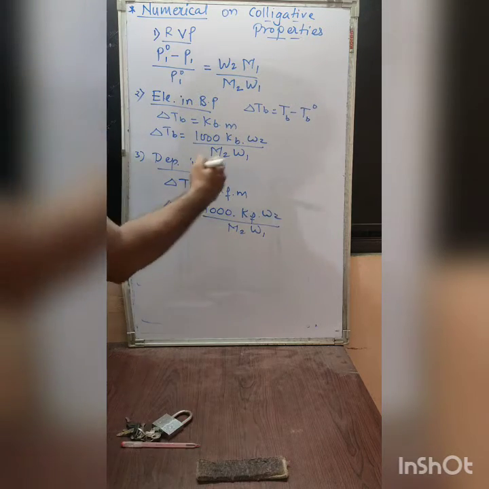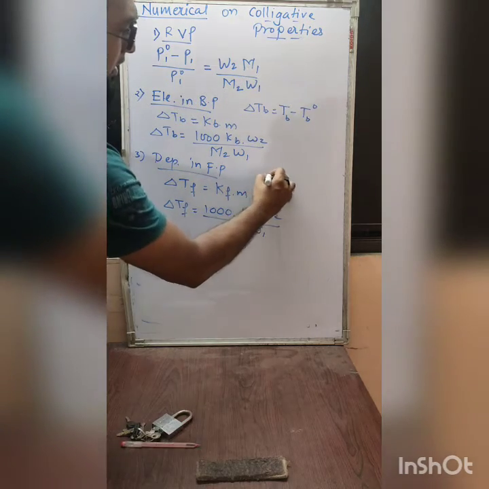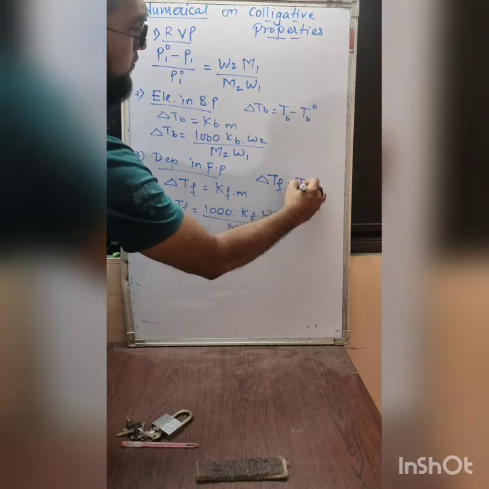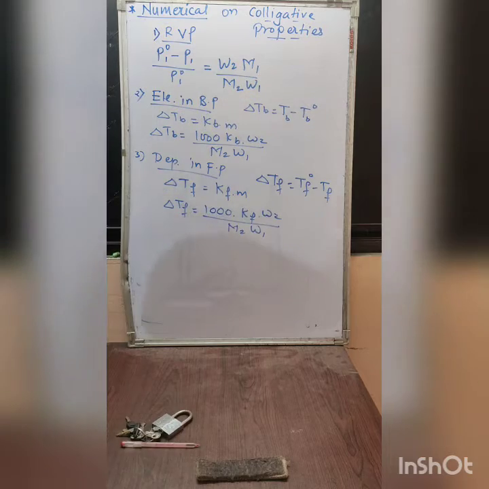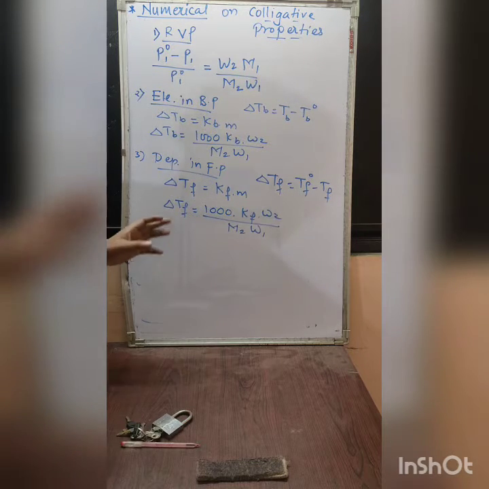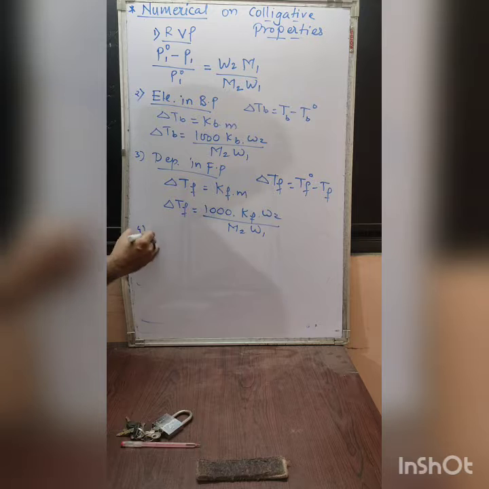Same here, in case of depression in freezing point, delta TF is equal to TF⁰ minus TF, the freezing point of the solvent minus the freezing point of the solution.